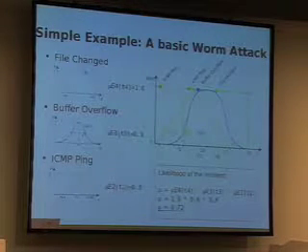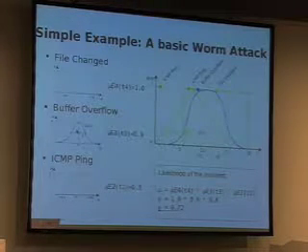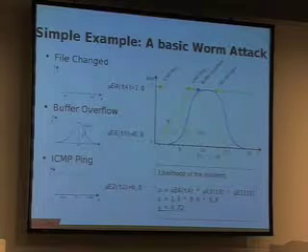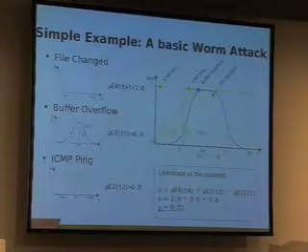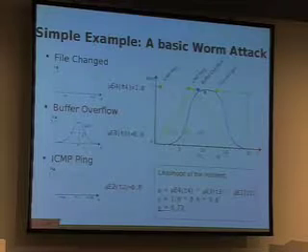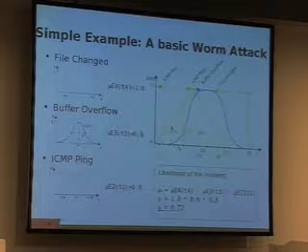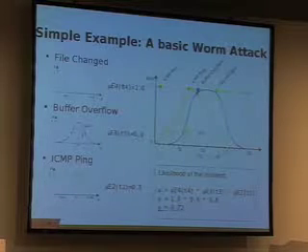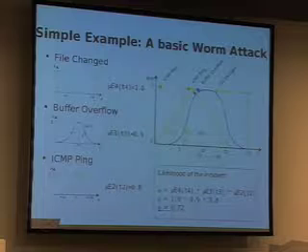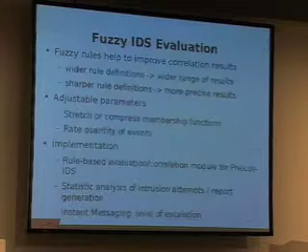For example, for this file changed event, the square function. For the buffer overflow, we know that it appears about 2 seconds before the file change event. This is only an example. And the ICMP ping, we expect to appear 1 second before the buffer overflow, for demonstration only.